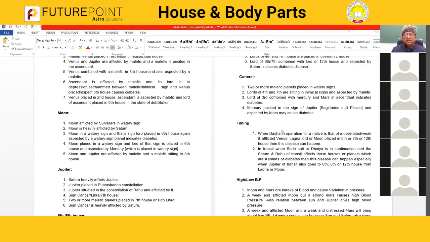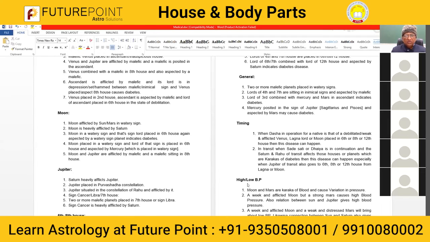So let us take low BP, high BP. Moon and Mars are karakas for blood and variation in blood pressure. A weak and afflicted Moon but a strong Mars causes high blood pressure. A weak and afflicted Moon and a weak, distressed Mars will bring low BP. Likewise, a connection between Sun and Saturn also gives low BP.